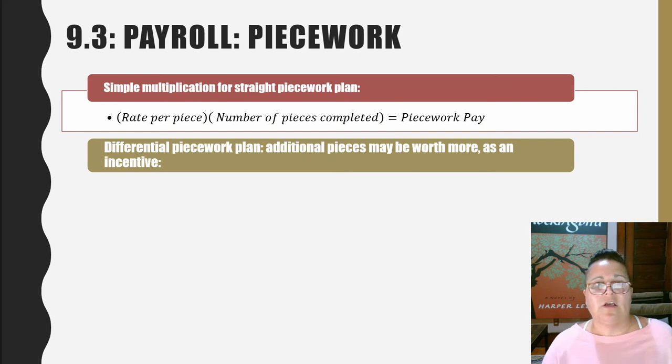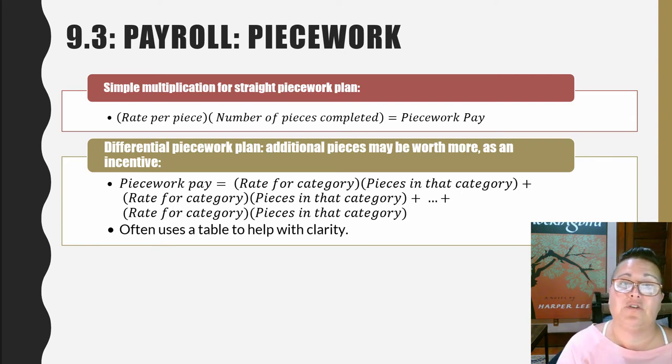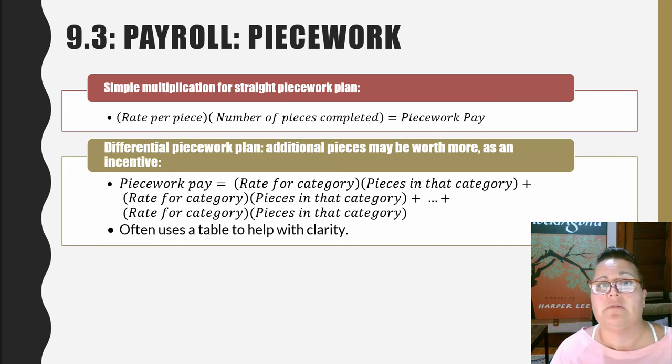What's difficult about that is you have to figure out the amount for each category. It's not just, okay, they're going to give me 7 cents for each piece over 200. So if I've done 300 pieces, it's 300 times 7 cents. Nope. I still only get 5 cents for the first 200. Everybody gets 5 cents for the first 200.